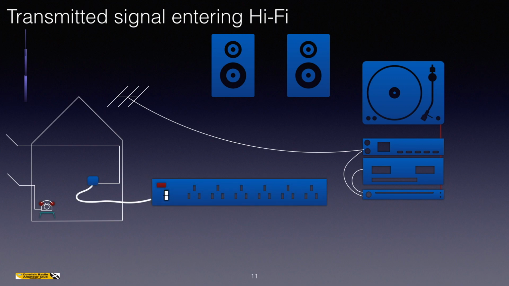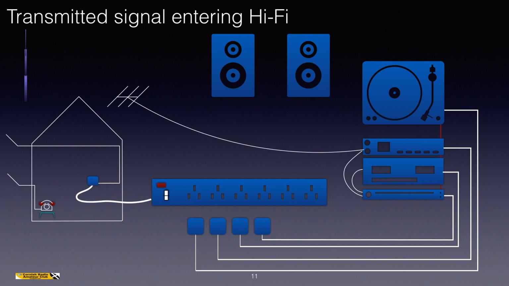Now here we have a mains distribution lead connected into a house, and the hi-fi components would connect into that. And because the RF from the antenna is also radiating into the mains leads, this is an example of a route into the equipment, and that is mains pickup.